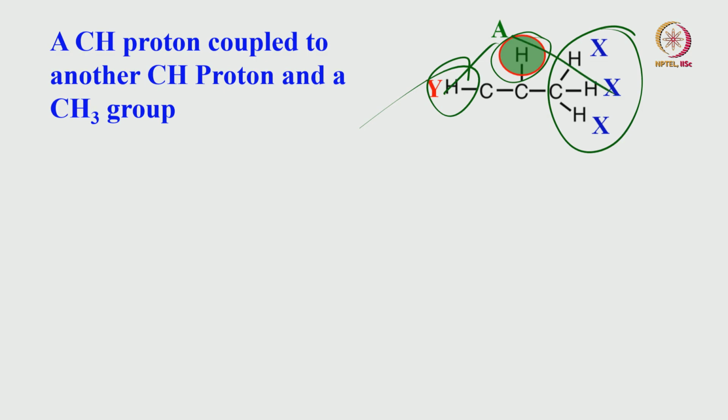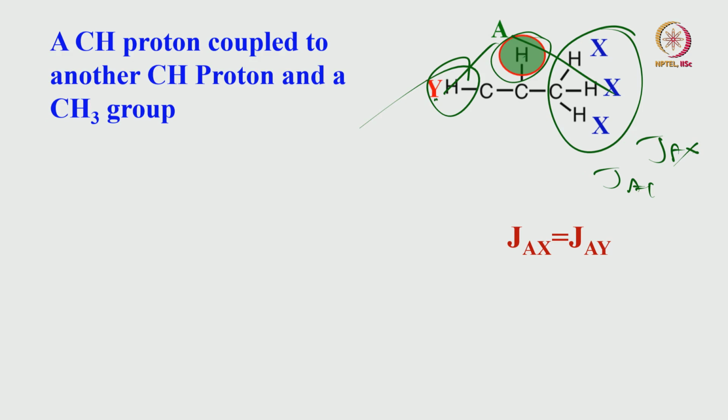Proton A coupled to Y is JAY, proton A coupled to X is JAX. Now, I will put a condition JAX equal to JAY. That means the couplings are identical. This will experience identical coupling with this and this.